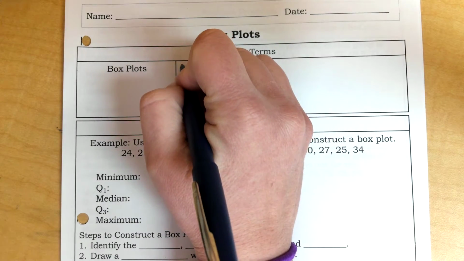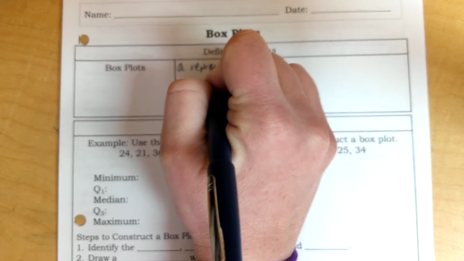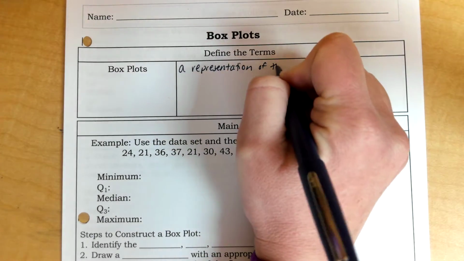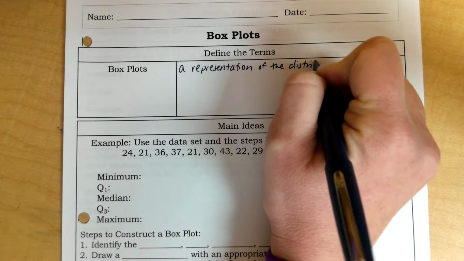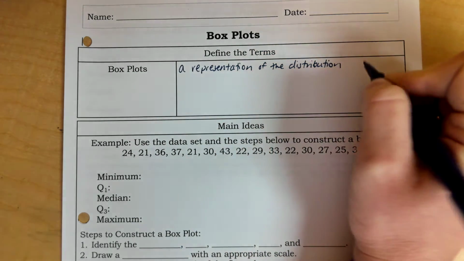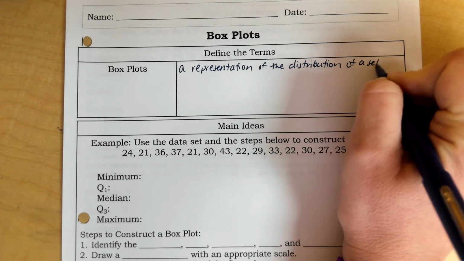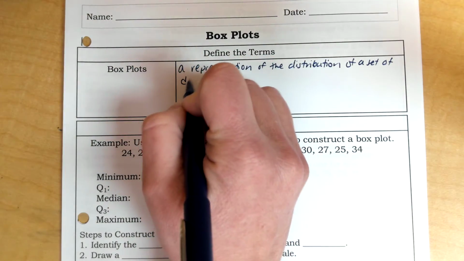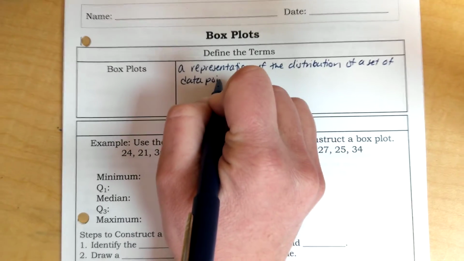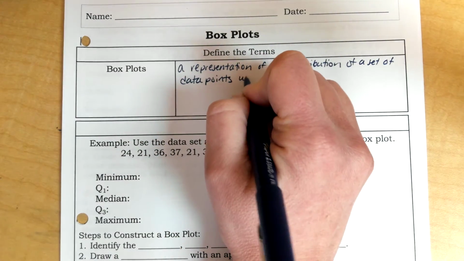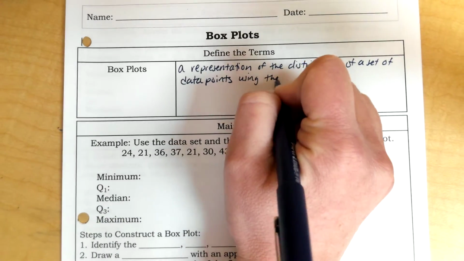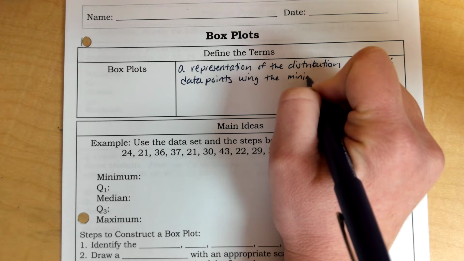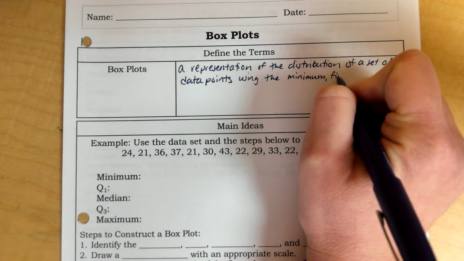So a box plot is a representation of the distribution of a set of data points, and it's using the minimum, first quartile.